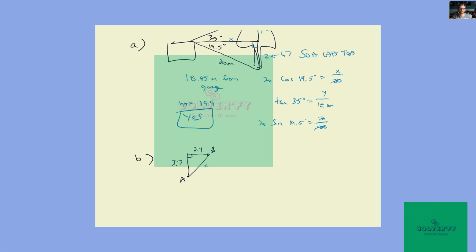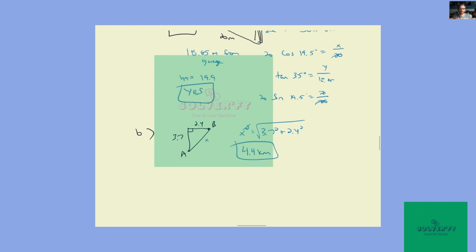I'll call that distance x, and then by the Pythagorean theorem, x squared would be equal to 3.7 squared plus 2.4 squared. So x is the square root of that sum, and the square root of 3.7 squared plus 2.4 squared is 4.4 kilometers to the nearest tenth.